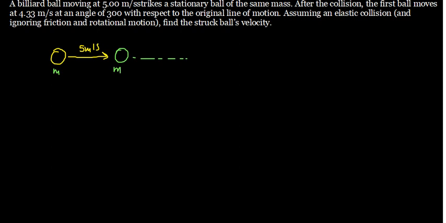At the end, the first ball moves with that speed at an angle of 30 degrees, so it bounces up at 30 degrees with respect to the horizontal, and then it moves at 4.33 meters per second.